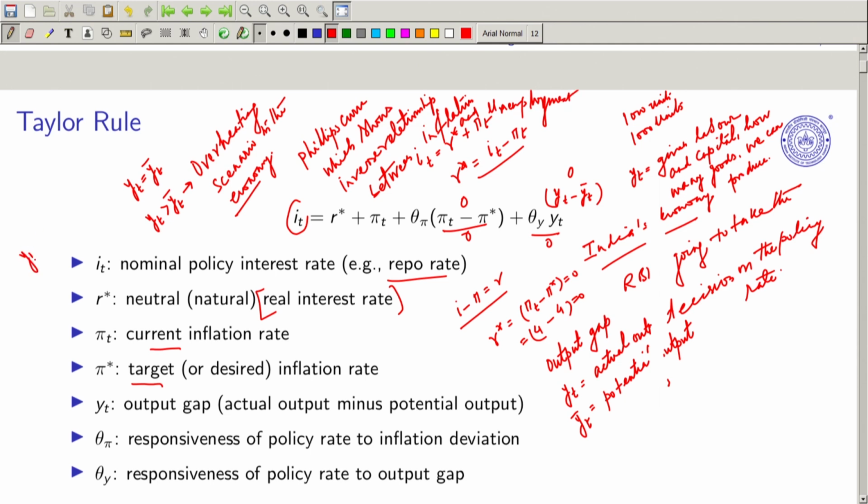If yt is greater than yt bar, your inflation will go up because we are having an overheating kind of scenario.